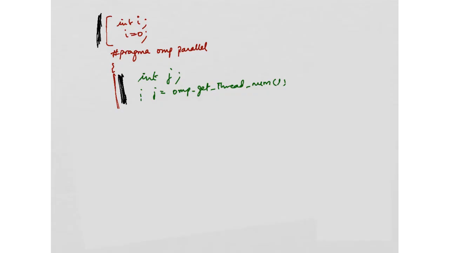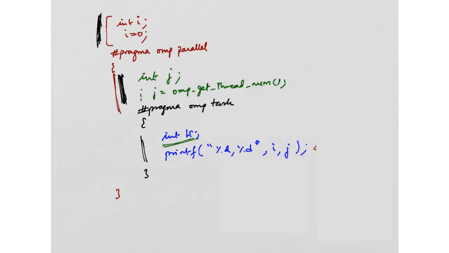And again I write some code, and then I say #pragma omp task, and inside that I say int k. So I initialize i to be equal to 0, and I initialize j to be equal to omp_get_thread_num, and finally I print i comma j.